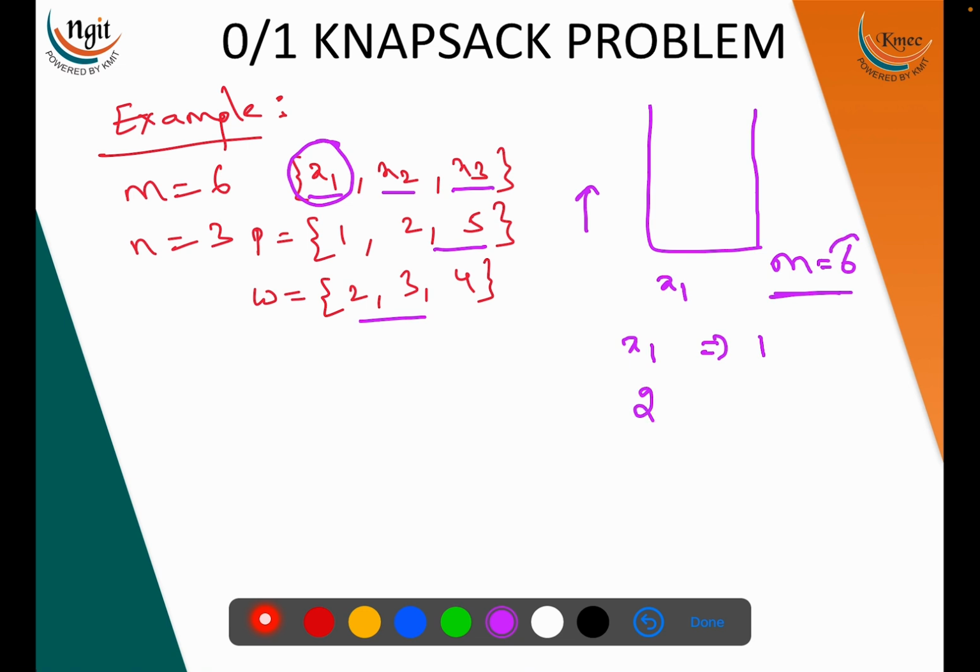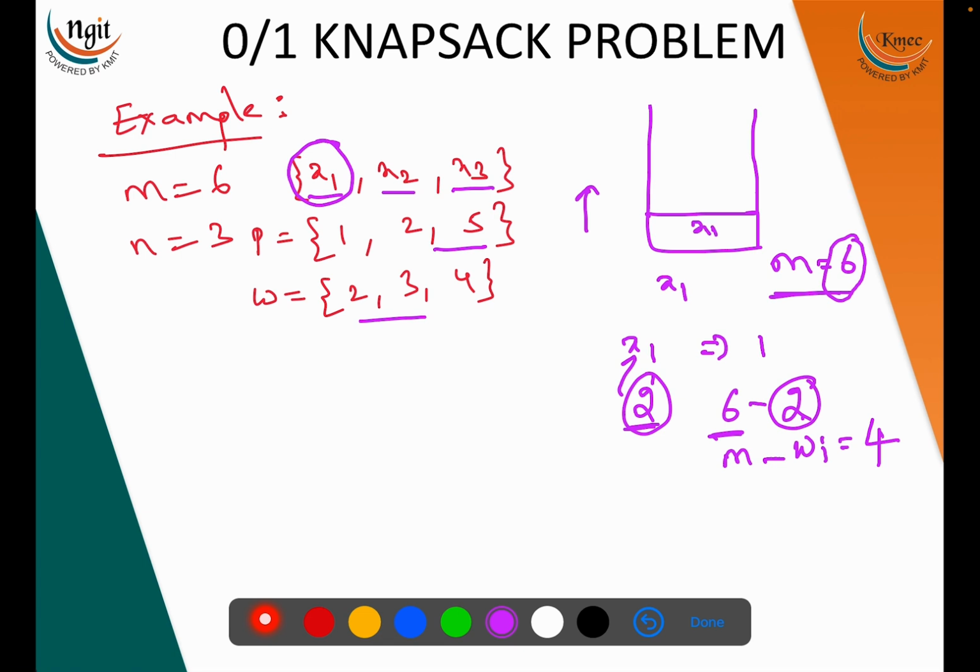The total capacity of the bag is 6, and I am utilizing only 2, so still 4 capacity is left. 6 minus 2: 6 is M, 2 is the weight of the particular item, that means Wi. So M is 6, Wi is 2, and still 4 weight I can utilize for the next object. So I am placing x1 in the container.